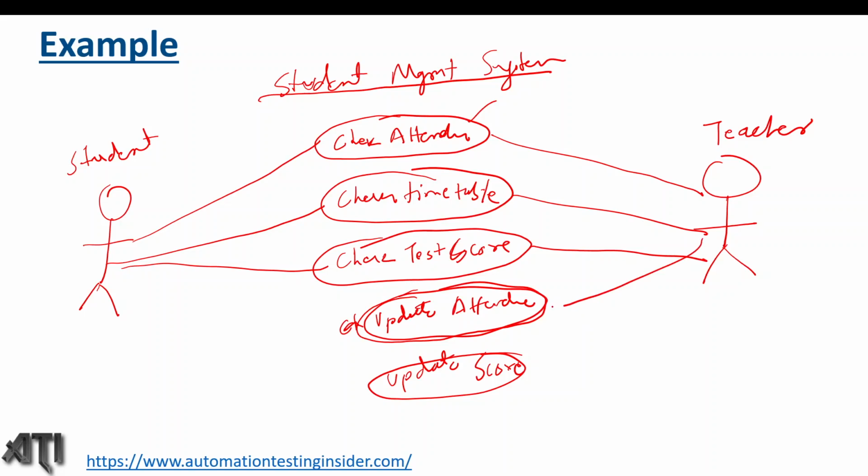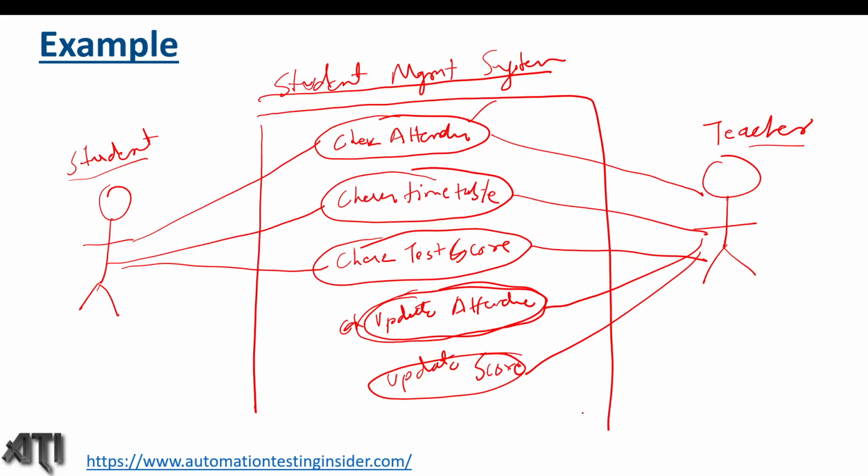That is done by the teacher. And the last one is update score, which will again be done by the teacher. So these are the different use cases, and we have two actors, student and teacher, and the whole student management system is represented using a rectangle, right? So this is the complete student management system, guys, an example of use cases, with the different use cases represented using oval shapes.